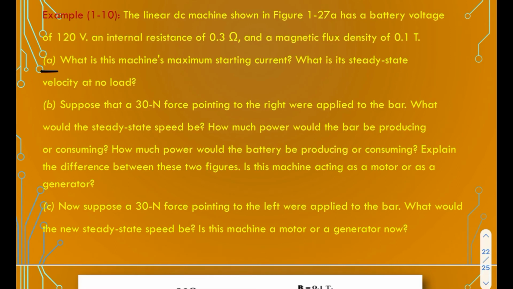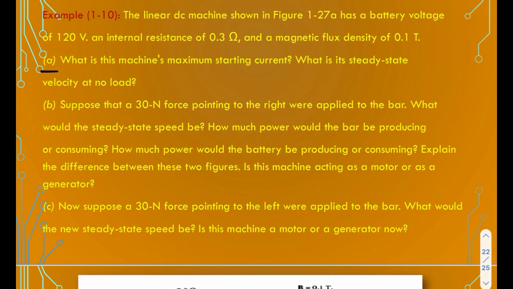What would the steady state speed be? How much power would the bar be producing or consuming? How much power would the battery be producing or consuming? Explain the difference between these two figures. Is the machine acting as a motor or as a generator?